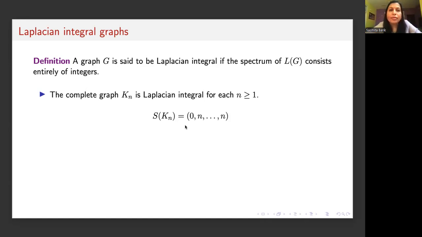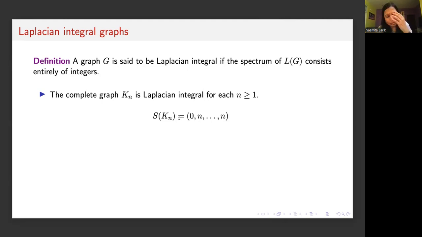Okay, so obviously the first example you can see is the complete graph, which is Laplacian integral because its spectrum is 0 and n. This is also adjacency integral, that you also know. But why do I consider Laplacian integral rather than adjacency integral?